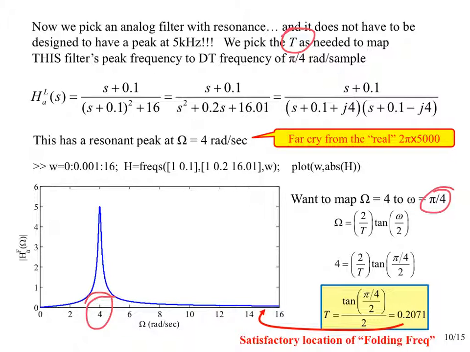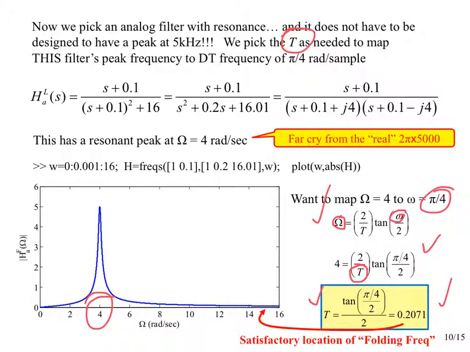And here's the mapping that takes little omega into capital omega. So if we plug in the pi over 4 here and we plug in the 4 here, we get something that looks like this. And the only thing we don't know is capital T. Solve for capital T and I get 0.2071. And so that's the T that we're going to use.